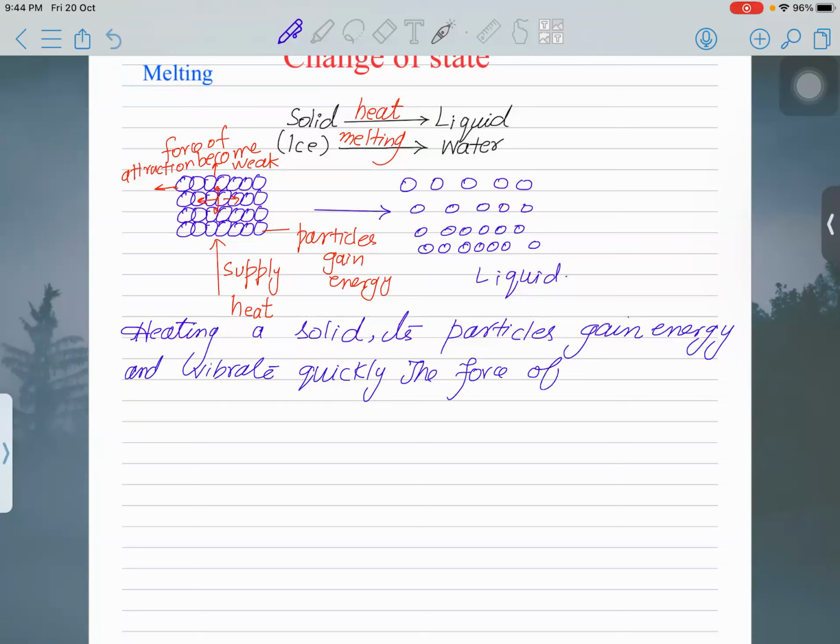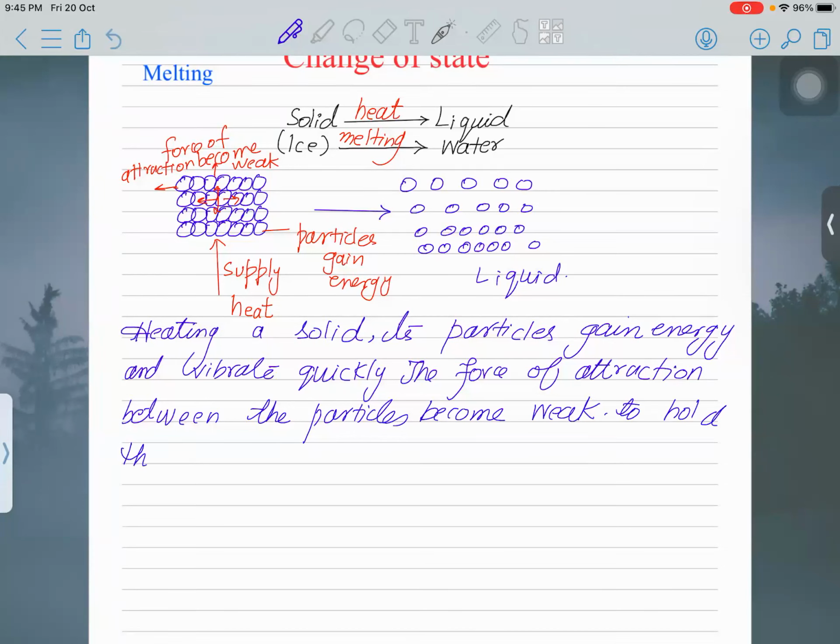The force of attraction between the particles becomes weak to hold the particles together. So the solid melts.